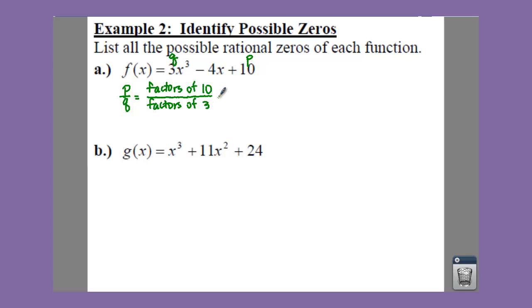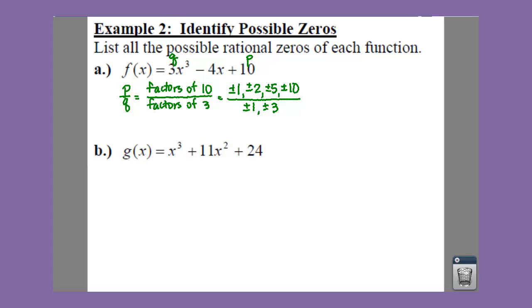When we list these out, these are all plus or minuses, because plus or minus 1 and plus or minus 10 can give you a 10. We also know that plus or minus 2 times plus or minus 5 can give us a 10. So those are all of your factors of 10. Then we're going to divide by your factors of 3: plus or minus 1 and plus or minus 3.